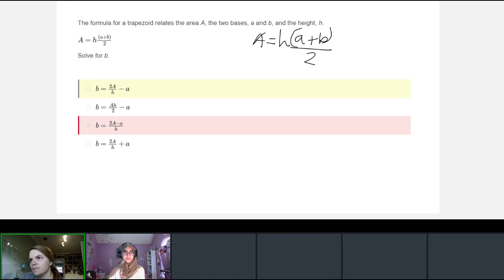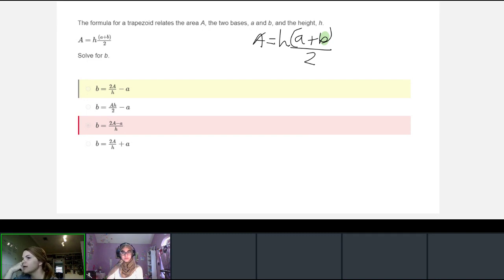All right, so what we're going to do first is we want to solve for B. There's a couple ways you could do this.